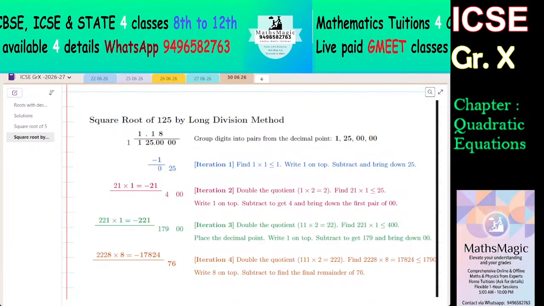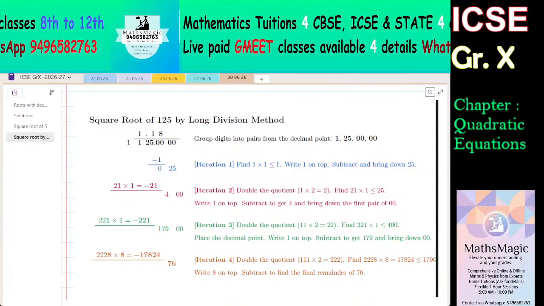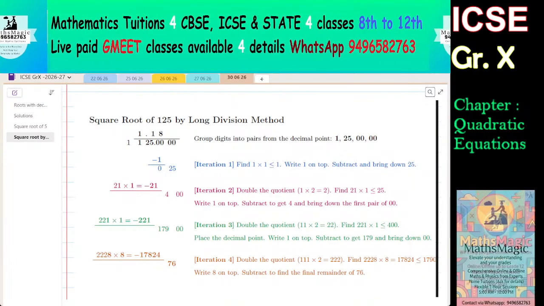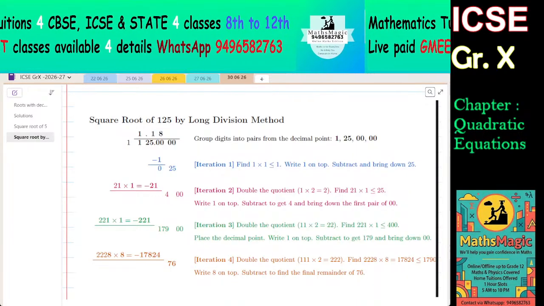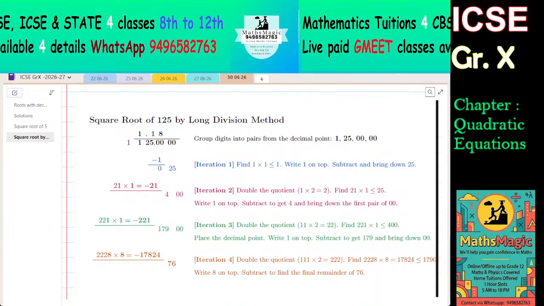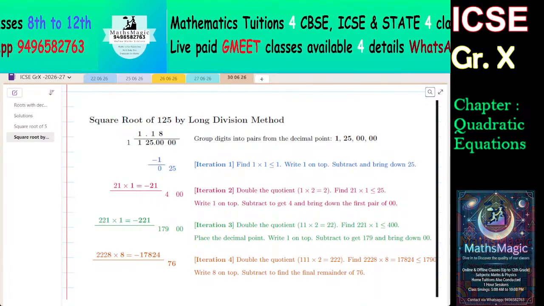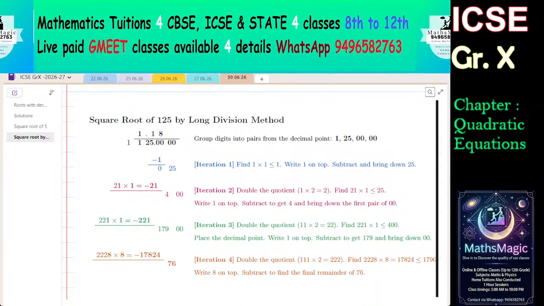You can just read those iteration steps and you can easily understand what all things we did. If you have any doubt, just message me. If you are stuck at some steps, you can also ask me.